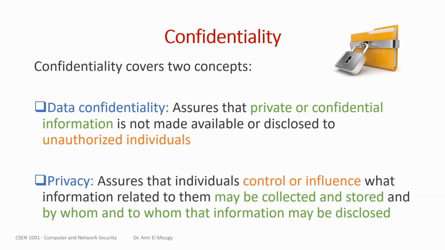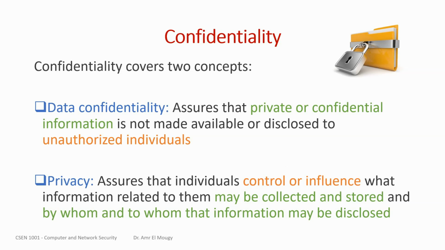When this data is of a personal nature, of a private nature, this part is called privacy. So privacy is a branch or a subtopic under confidentiality where you are dealing with personal information. And when we talk about privacy, we're not just talking about who gets access to the data. Privacy has become a much bigger topic than that, and it includes also how long the information is stored on a device.